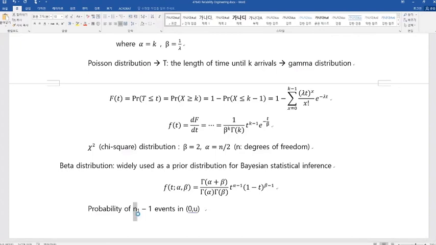To avoid some confusion, this one indicates the time interval between 0 and u. And one event in u and u plus du.